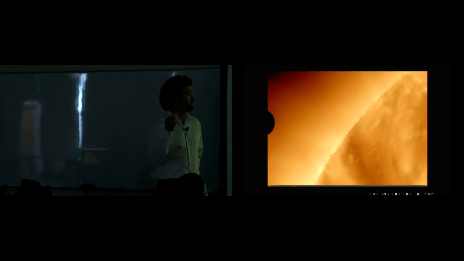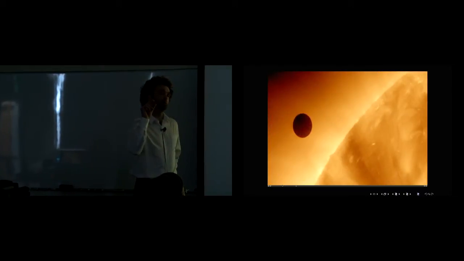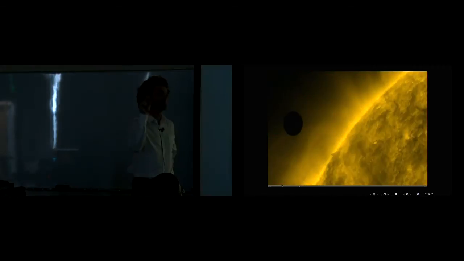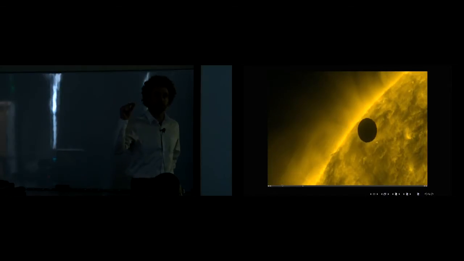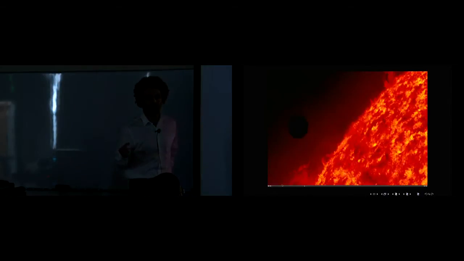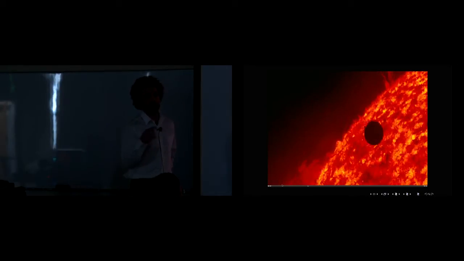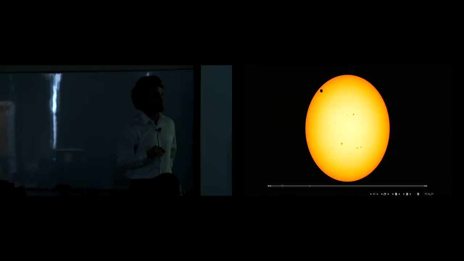And the idea is that you could look at what elements are being absorbed by the light coming from that distant star as it goes through the atmosphere of the planet orbiting that star. So in 2012, when Venus passed in front of the sun with respect to some of our satellites to take pictures, they were performing this experiment.